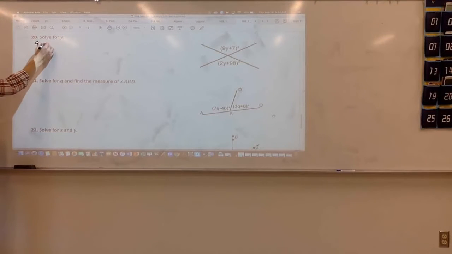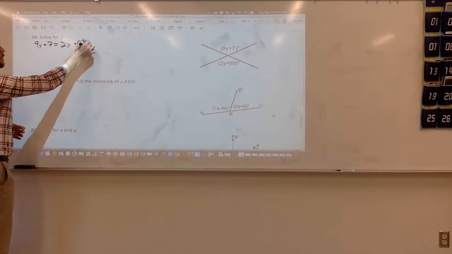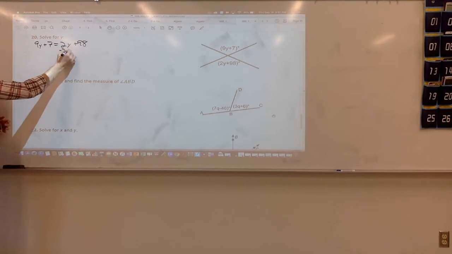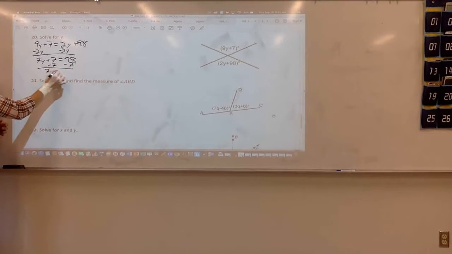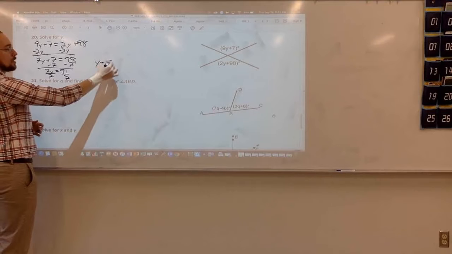So my setup here would be to set those two expressions equal to each other: 9y plus 7 equals 2y plus 98. Then get my y's on one side and my numbers on the other, so subtract 7 over to the other side, divide by 7, and I think that's 13.